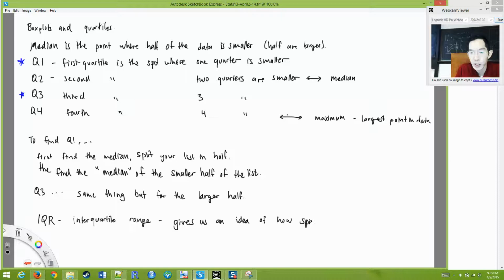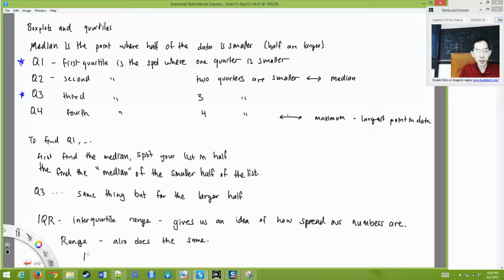The range, on the other hand, also gives us an idea of how spread out our numbers are. Okay. Also does the same. But there's a difference.